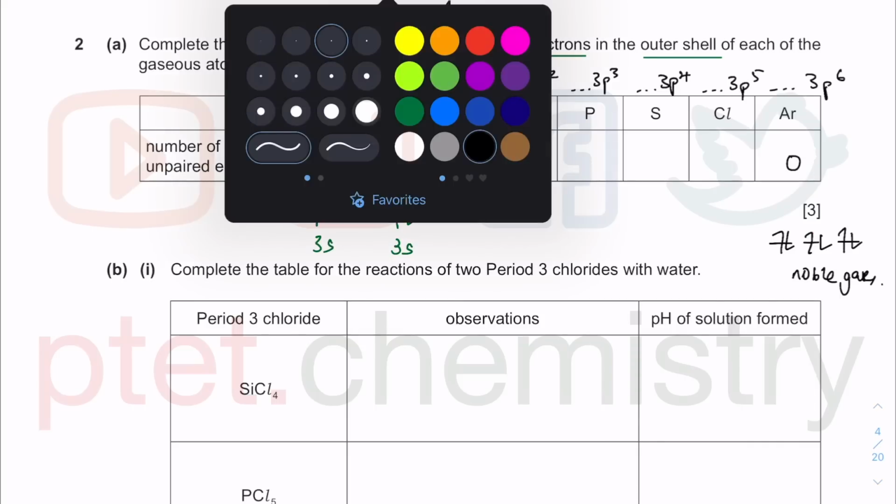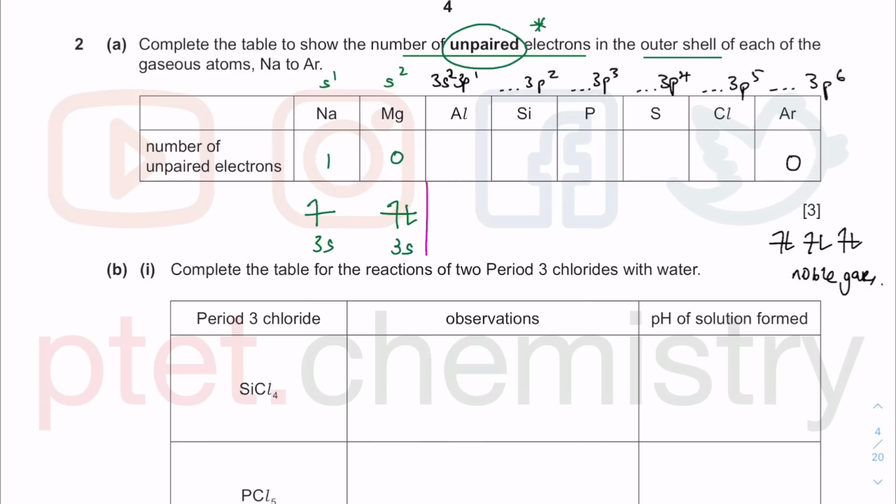When it comes to aluminium, if I just draw a partition here so that we are not confused. I'm not drawing in terms of energy. I'm not saying that this is lower in energy than that. Be very careful. So this is 3p1 because there's only 1 electron in the p orbital, whereas this is 3p2. It's really a bad idea for me to keep on drawing it because you might interpret it as a difference in energy.